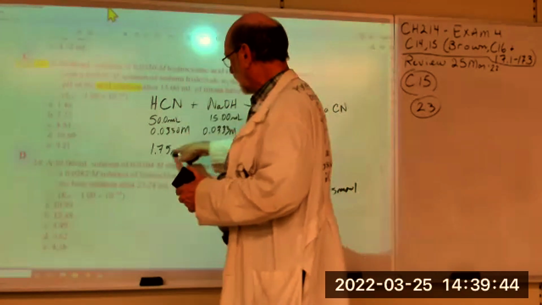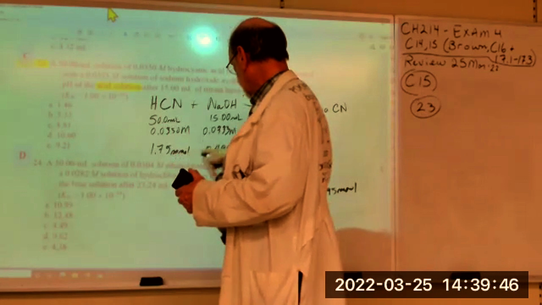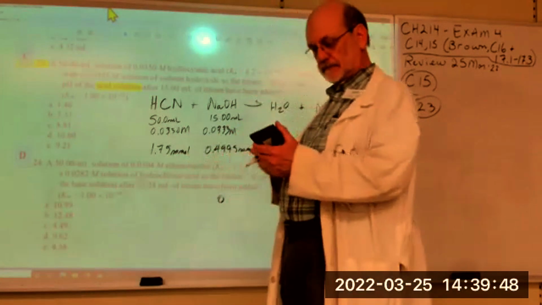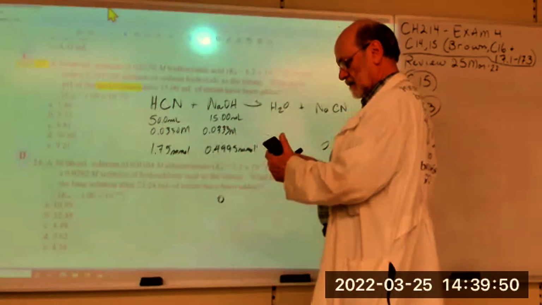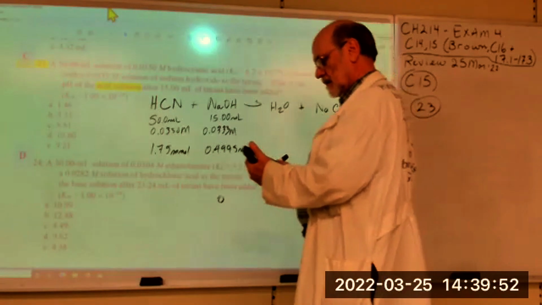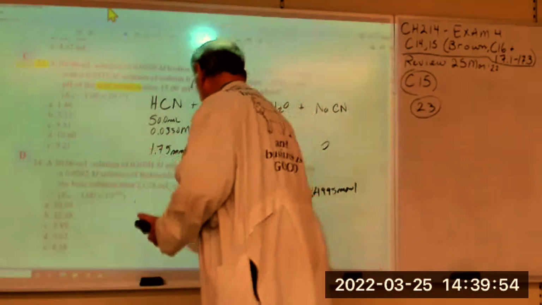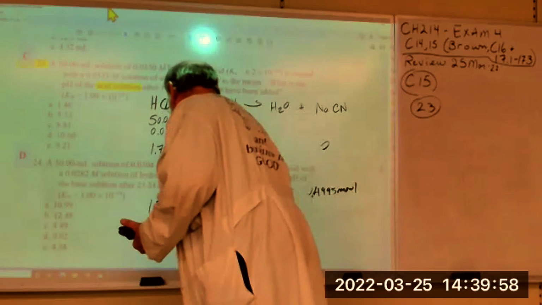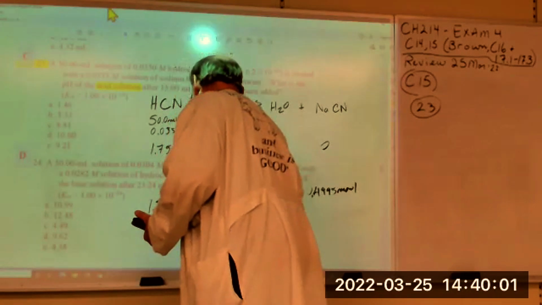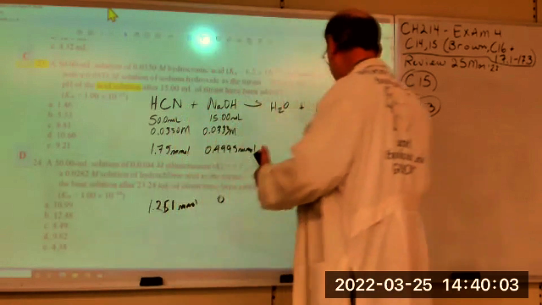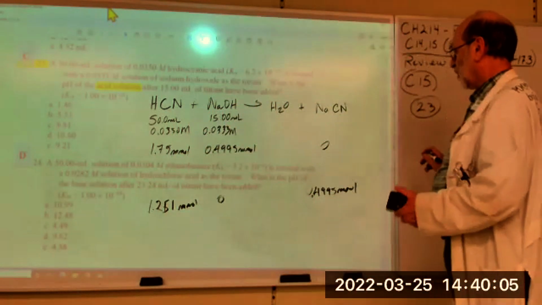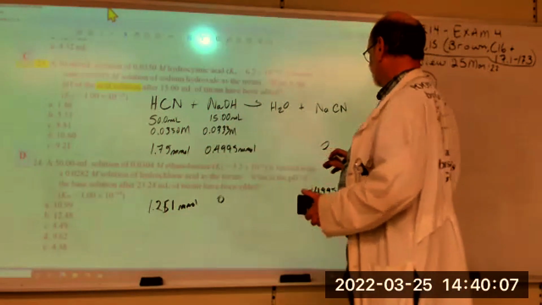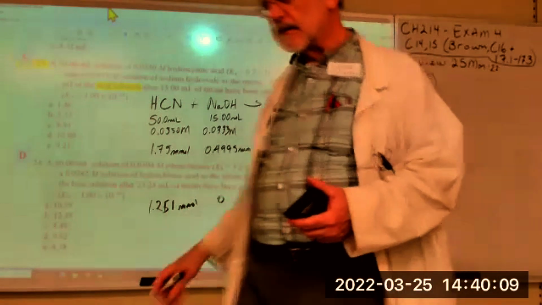Since they're 1-to-1, what's left over is this one minus that one, which is 1.251 millimoles.